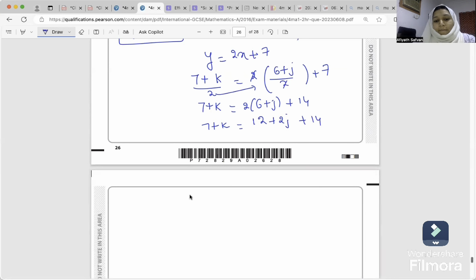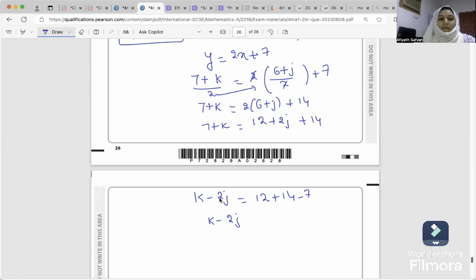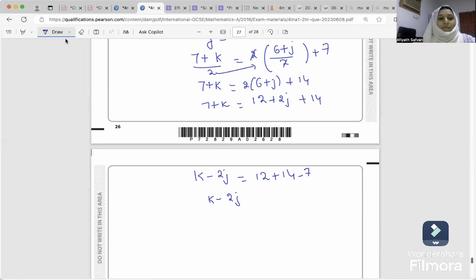Therefore, writing j first, minus 2j plus k is equal to 12 plus 14 minus 7, which is 19. Keep this as equation number 2.